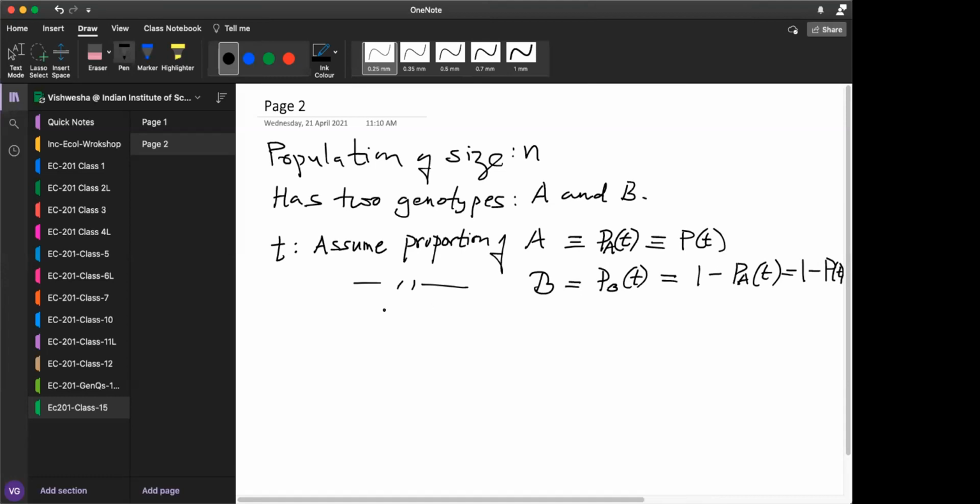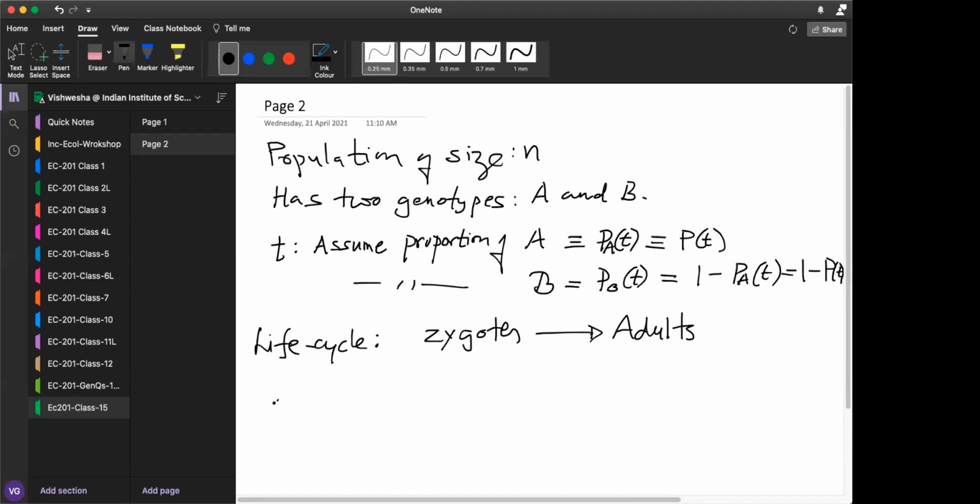Okay. So this is the proportion of two genotypes at generation t+1. Now what happens in a typical life cycle of organisms? There are zygotes, and they become adults.